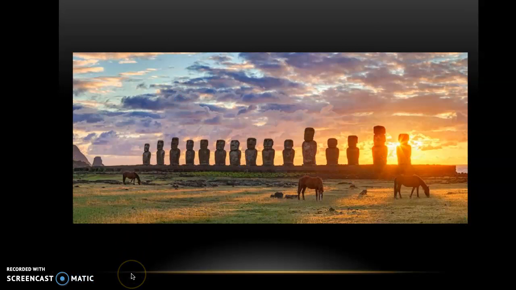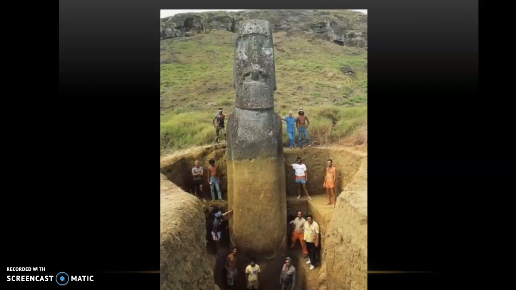Okay, so these are beautiful figures from a little teeny island in the middle of nowhere called Easter Island. And these are Moai statues. They're the kings, the chiefs of the people who came in the past. We're going to learn more about Easter Island. It's a very mysterious, beautiful place.